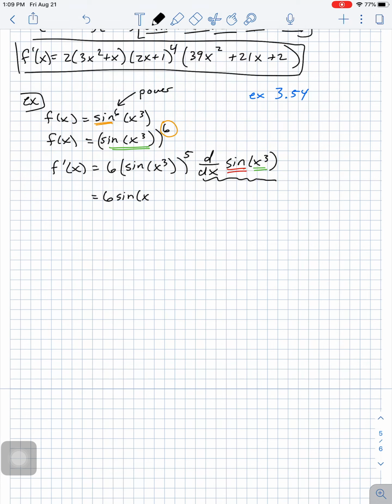This 6 sine x cubed to the 5th comes down for the ride, and here we go, derivative of the outside function evaluated at the inside function times the derivative of the inside function. I'm going to change this notation and write the fifth power right here where we usually write it.